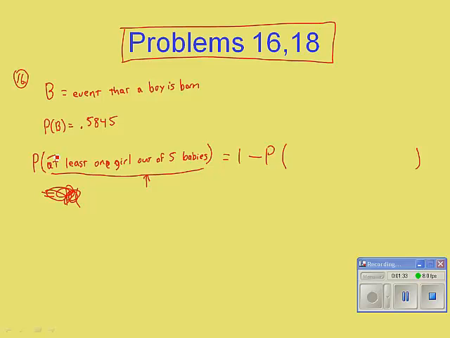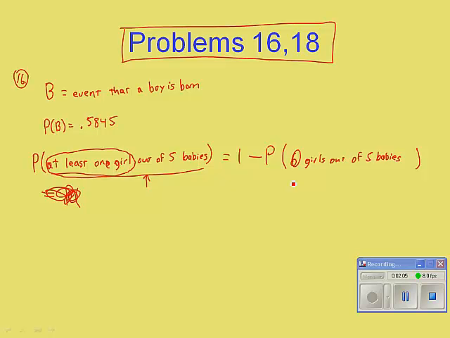What's the complement of having at least one girl? It's the probability of 0 girls. That's right. 0 girls out of 5 babies. Now, if there's 5 babies, I can assume that for each couple, those are independent events, right? The sex of my baby doesn't influence the sex of your baby, etc.